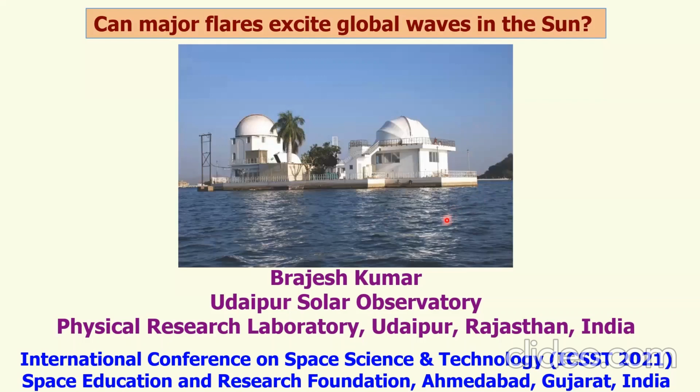Another thing is that Udaipur has more clear days over the year, and this combination of having a large water body in the form of a lake and more clear days over the year has made nice solar observations possible from Udaipur.